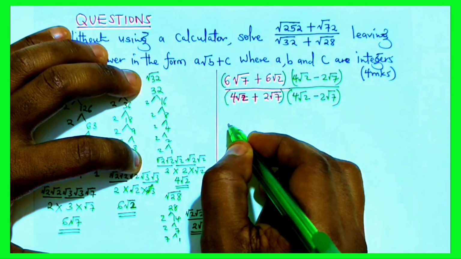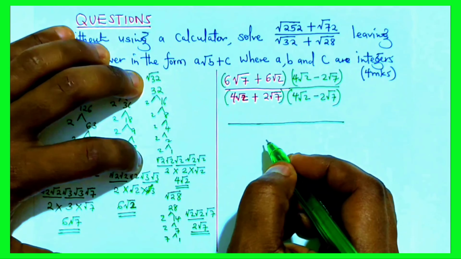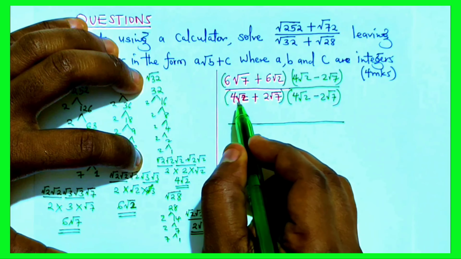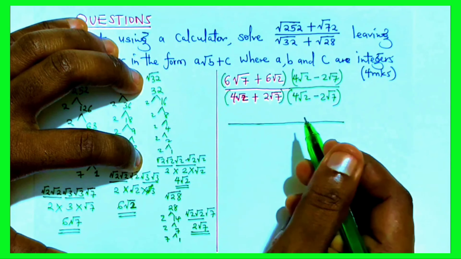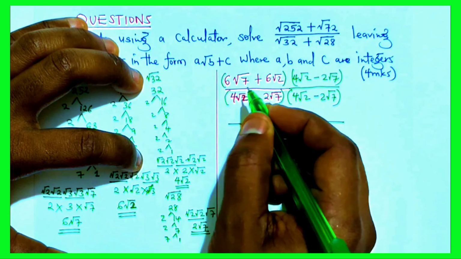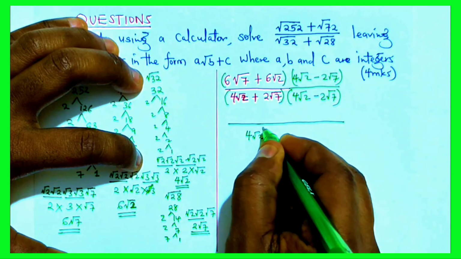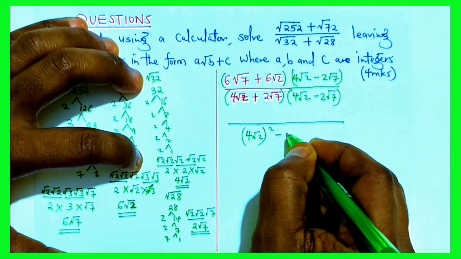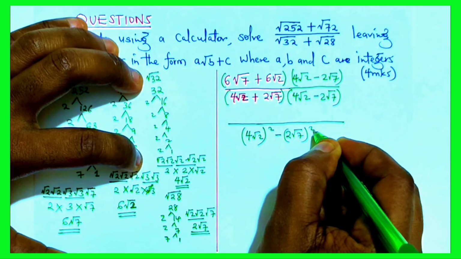So we've considered the fact that on the denominator side, we are going to have difference of two squares. So the end result, we are assuming that this is like having a plus b multiplied by a minus b, where we say that the solution will be a squared minus b squared. So this will serve as my a squared. I'm going to have here 4 root 2 squared to subtract 2 root 7 squared.